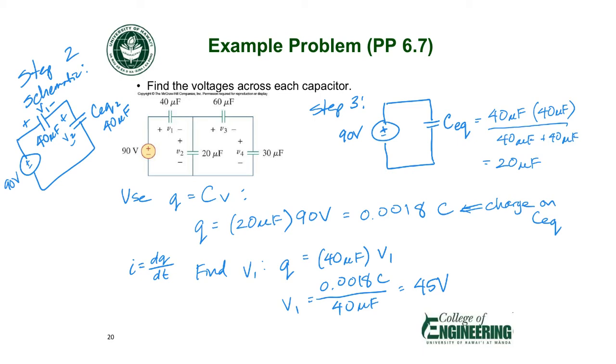And if I have 45 volts across capacitor V1, what's V2 going to be? 45 volts. So V2 is 45 volts. Or we could plug all the numbers back into this Q equals CV equation, but you have the same numbers, so it'll give you the same value. Okay, so we have a value for V1 and V2. I'm out of space again, so I'm going to go to the next slide.